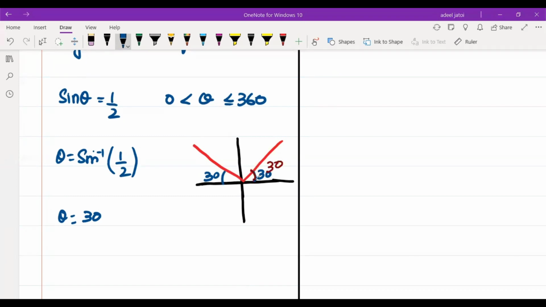But you go anti-clockwise because of the positive domain, to the basic angle. So your second angle should be 180 minus 30, which is equal to 150.